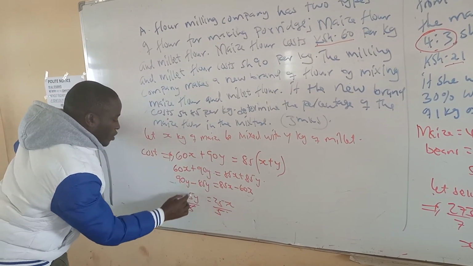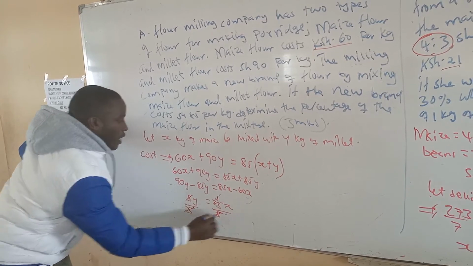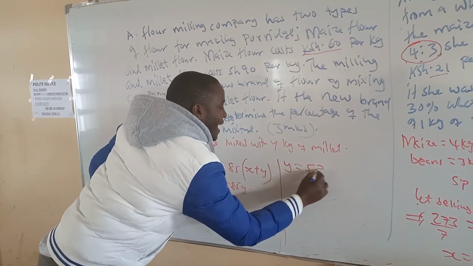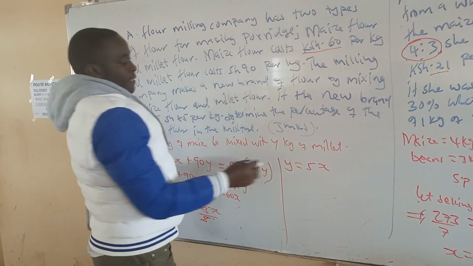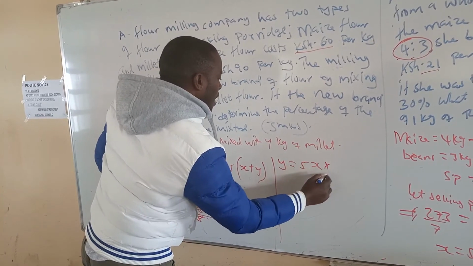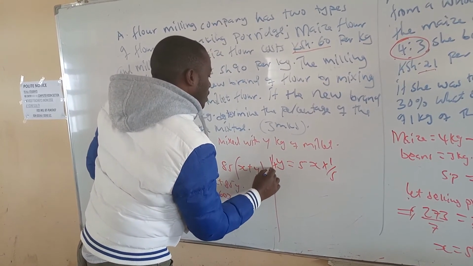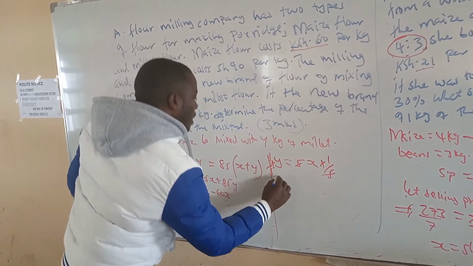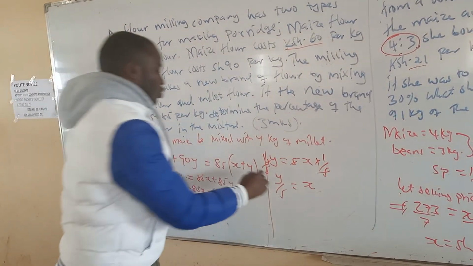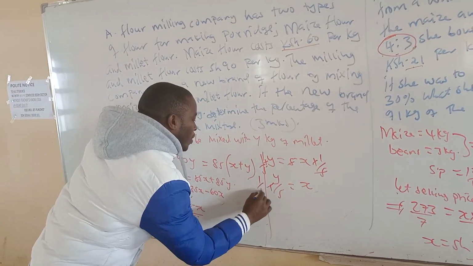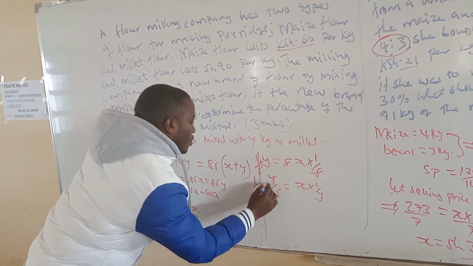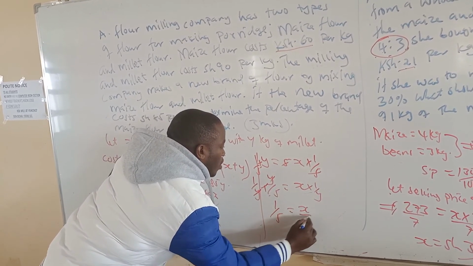So we shall have y equals 5x. Multiplying by 1 over 5, we shall have y over 5 equals x. Then multiplying by 1 over y, we shall have 1 over 5 equals x over y.